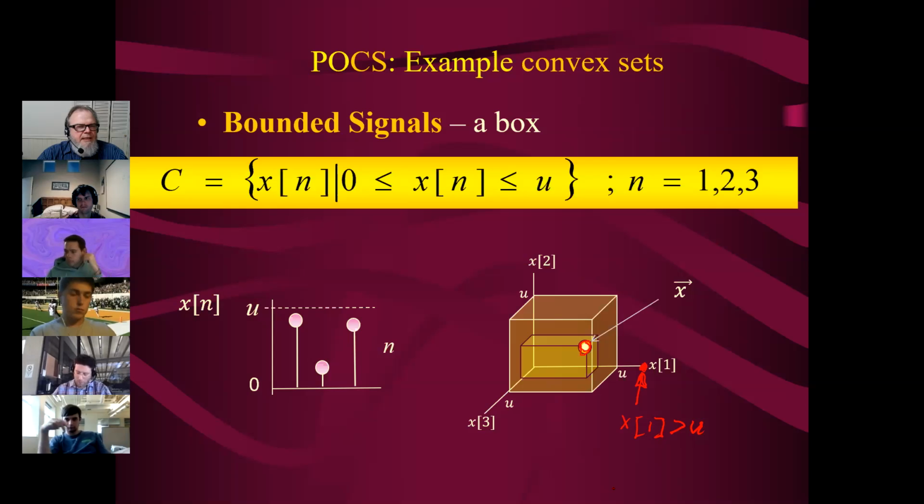So everything has to lie inside the box. So we want to take the set of all bounded signals. I've illustrated it for 3 signals, but this goes up to 20 signals, 5 billion signals, an infinite number of signals. It's all a box in a higher dimension, and it turns out to be something which is convex.